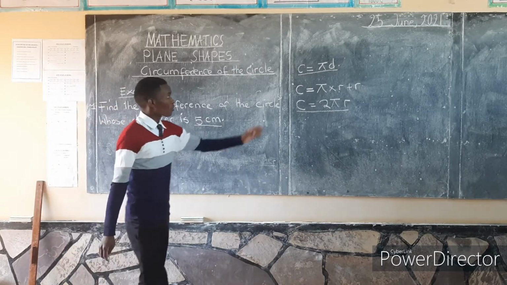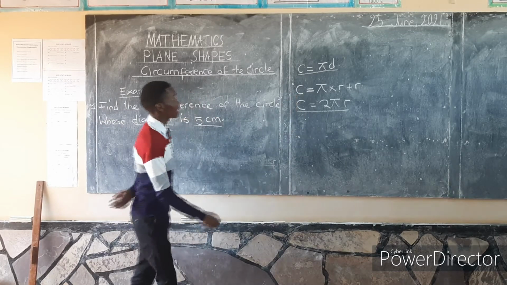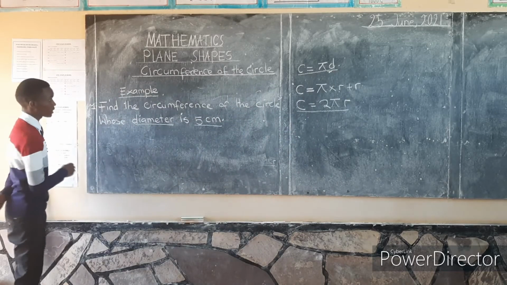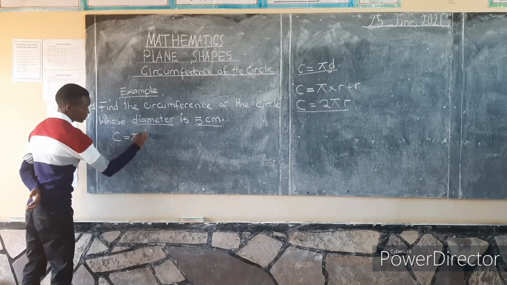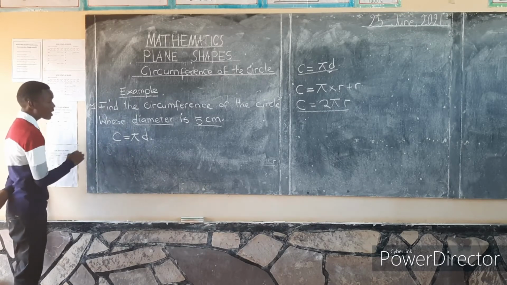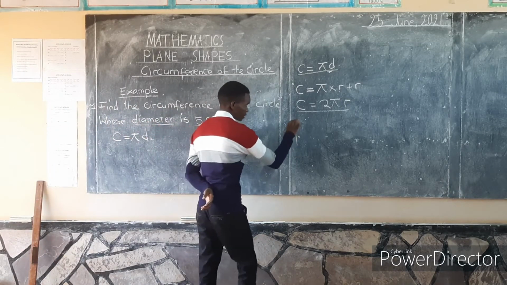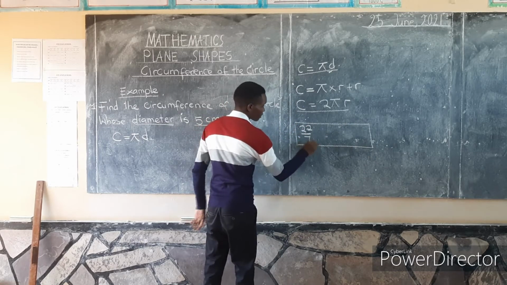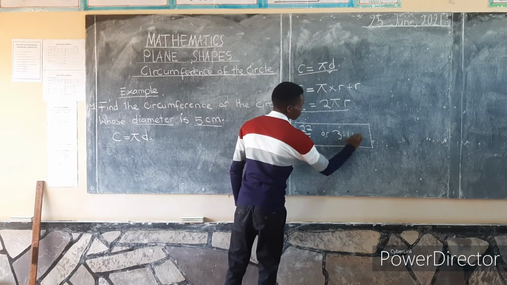Now, which formula are we going to use? We are going to pick the formula that has the diameter. So the formula that we're going to pick is circumference is equal to pi d. Where there is pi, I'll substitute with those two ratios which I mentioned: 22/7, or you can use 3.142.